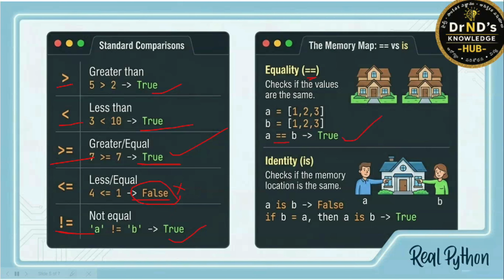Identity operator. Here, the is operator checks whether both variables refer to the same object in memory.